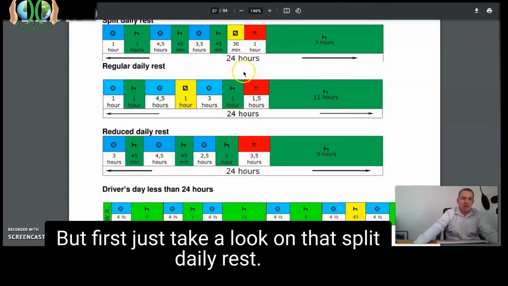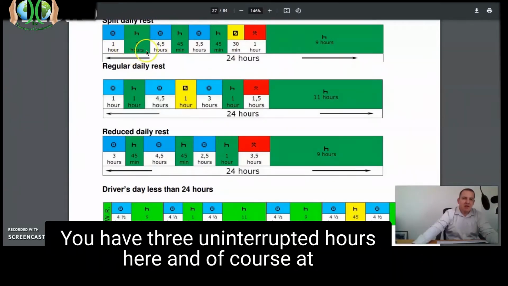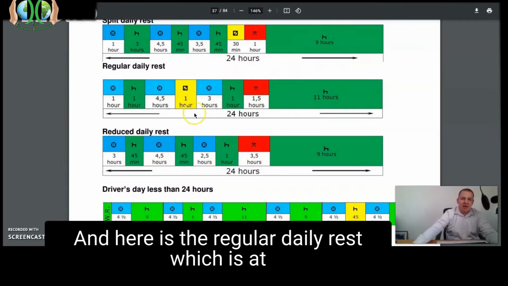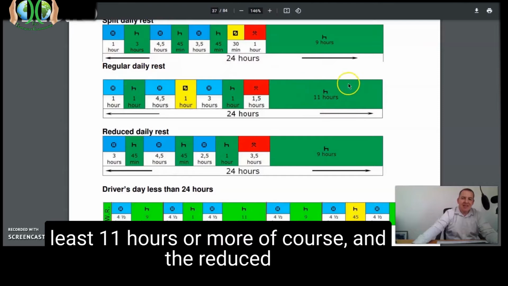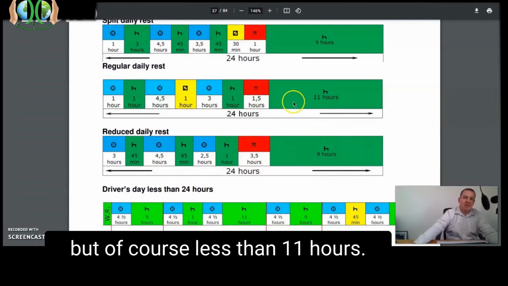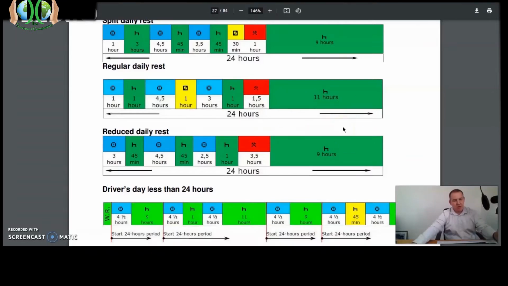But first, just take a look at the split daily rest. You have 3 uninterrupted hours here, and of course at least 9 hours at the end of the day. And here is the regular daily rest, which is at least 11 hours or more, and the reduced daily rest, which is at least 9 hours, but of course less than 11 hours.